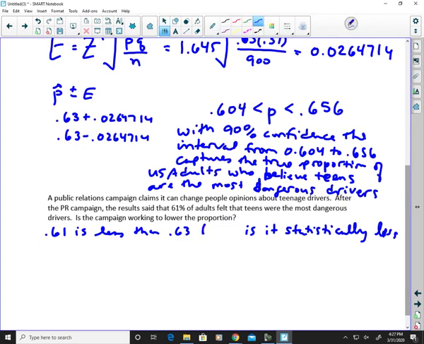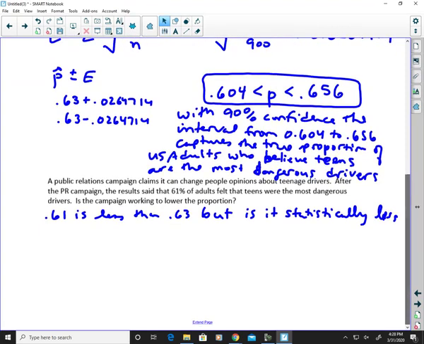No, it is not, because when I look at that interval, since 0.61 is in the interval, then statistically speaking, it is not different from a 0.63. It does not appear to be changing the way U.S. adults believe, because just by chance variation, I would expect values to appear in my window. We don't know what the true proportion is, but that number is not different enough.